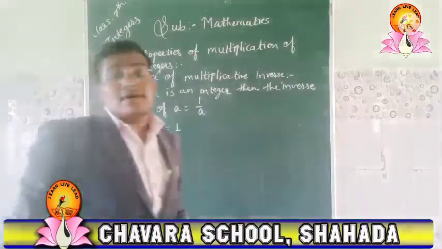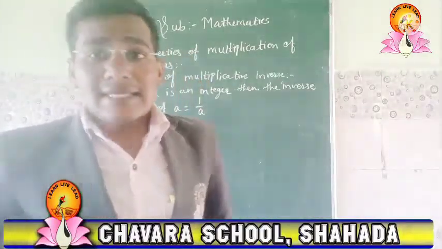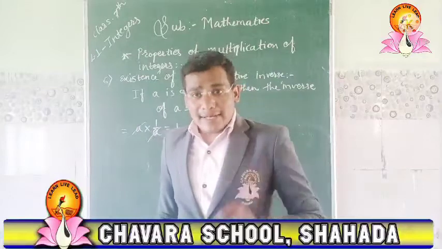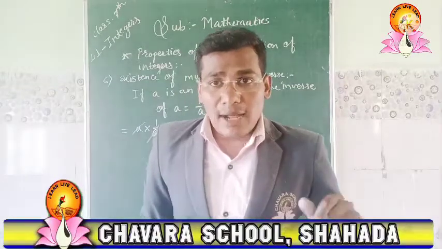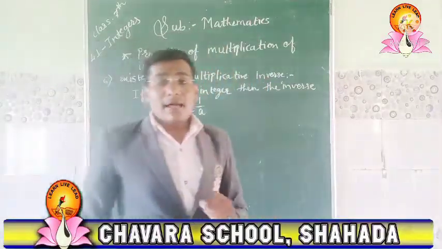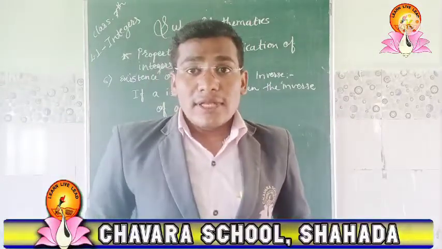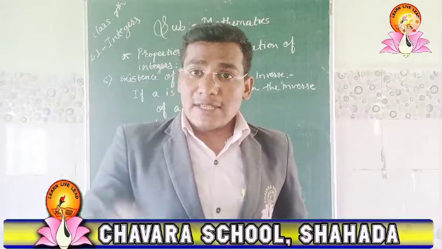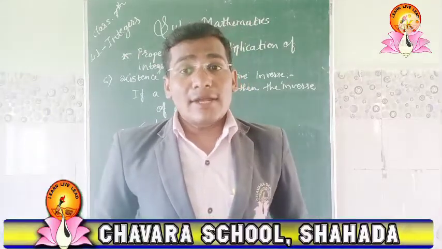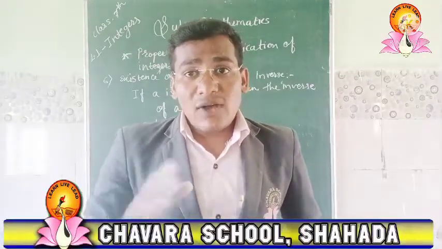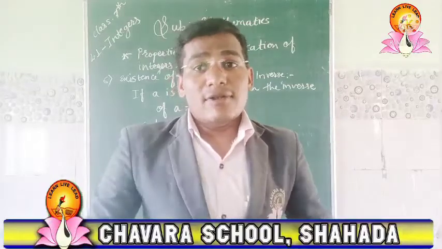And this is nothing but the property. This property says that whenever we take any integer, and we multiply it with the inverse of that same integer, the final answer we will get is always equal to 1.